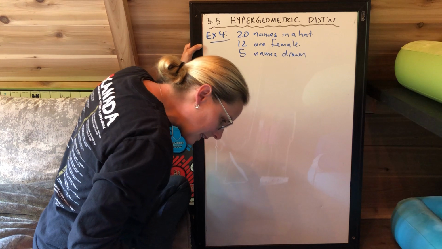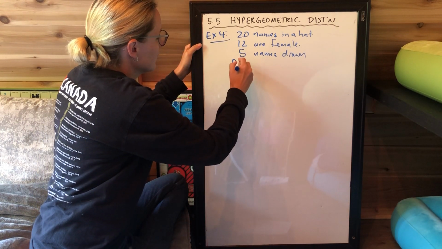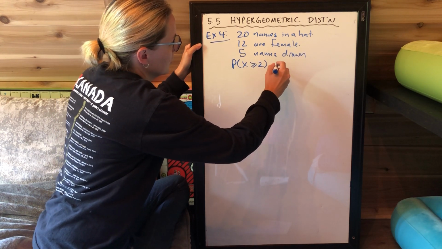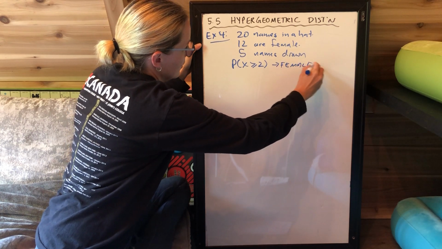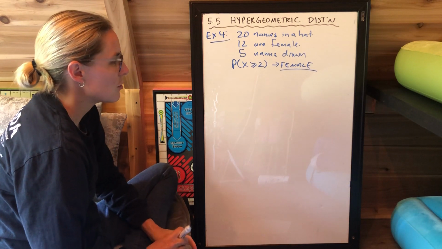Find the probability at least 2 are female. At least 2 means greater than or equal to 2. Just going to analyze this as female, okay? So we want to find the probability that at least 2 are female.